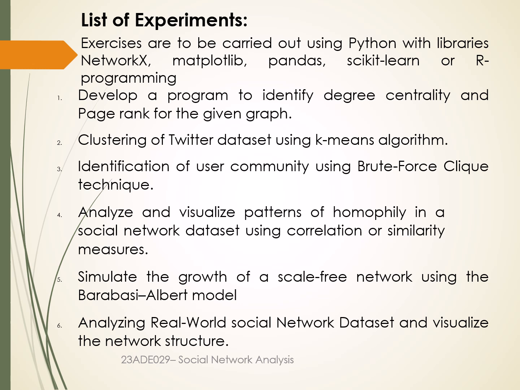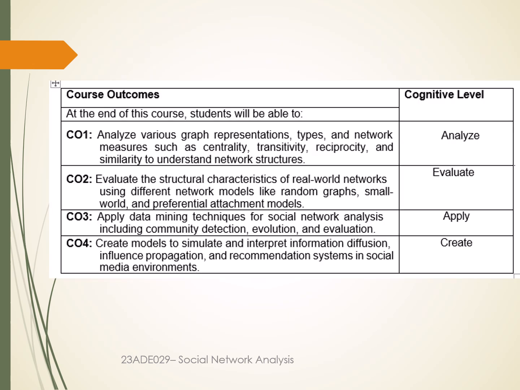Here we will implement algorithms to calculate degree centrality and PageRank, cluster Twitter datasets, etc. These are the list of experiments in our subject. These skills are highly relevant for careers in artificial intelligence, data science, cyber security, business analytics, and research.